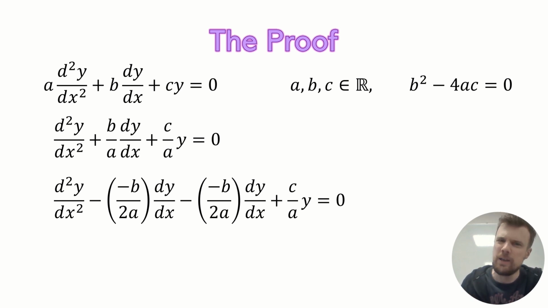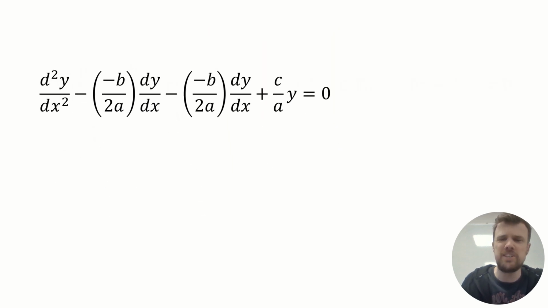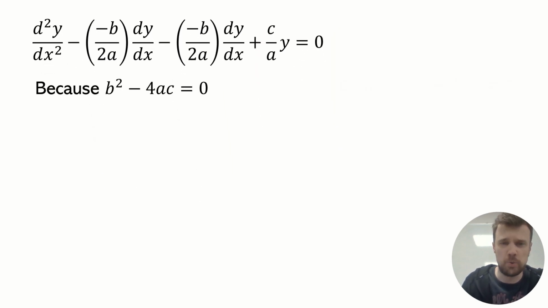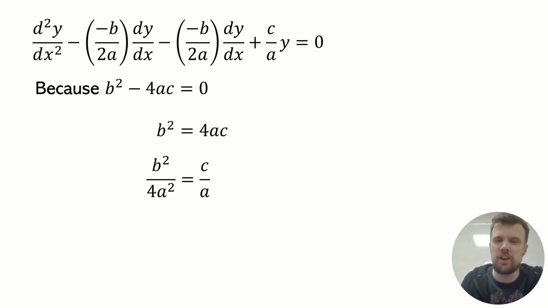So those middle two terms are still combining to make the correct amount of dy dx that we need. And weirdly, minus b over 2a times minus b over 2a does equal c over a because of the restrictions we said earlier. We pointed out that b squared minus 4ac was equal to 0, and therefore we can do some rearranging to that fact, because we can say that b squared must equal 4ac, and if we divide both sides of that fact by 4a squared, because a has got to be a real constant that's not equal to 0, otherwise it's not a second order differential equation at all, then we have b squared over 4a squared equals c over a.